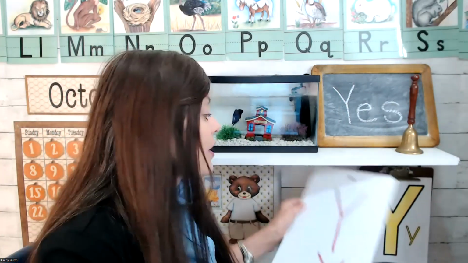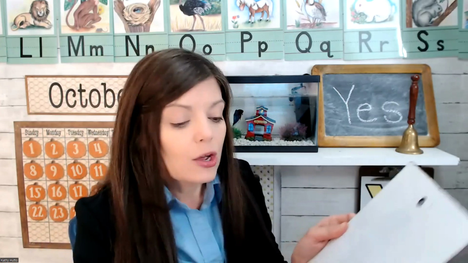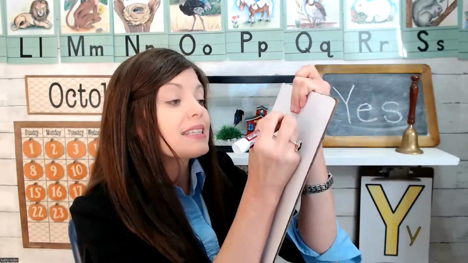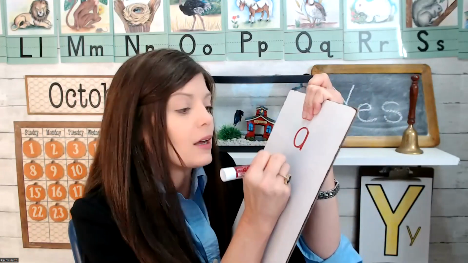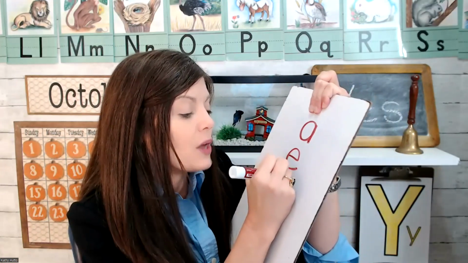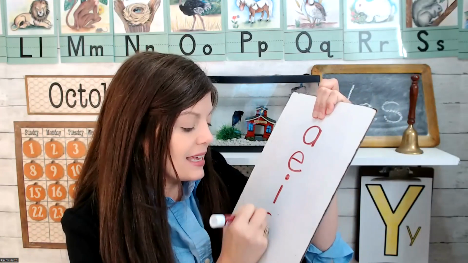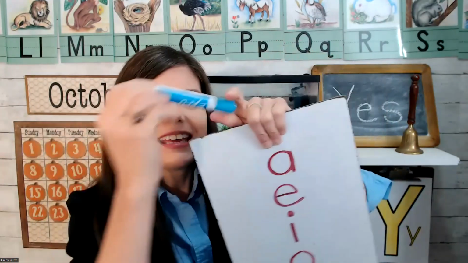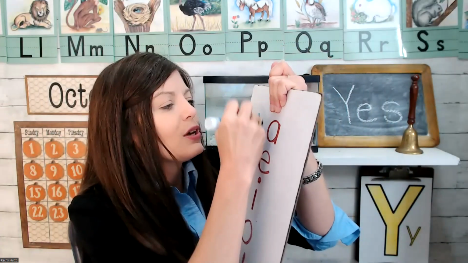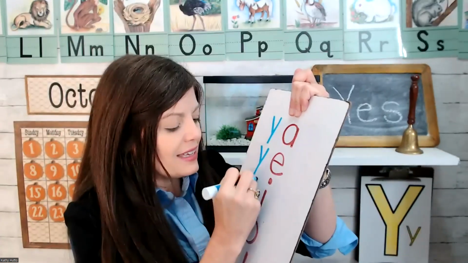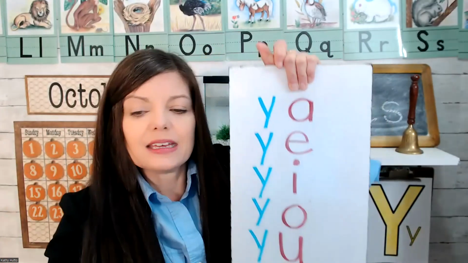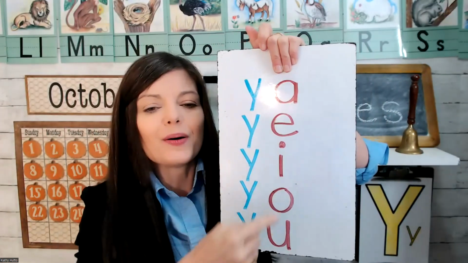Well, now that we know that Y says E, we're going to use it for blending. Now, if you're not ready for blending, you can skip this part, but it's only going to take us a couple of minutes. The vowels are A, E, I, O, U. These are the vowels.